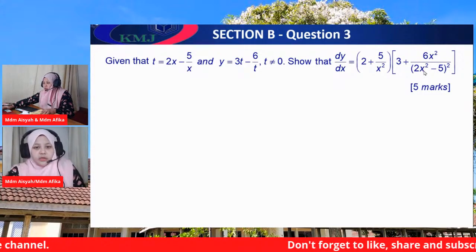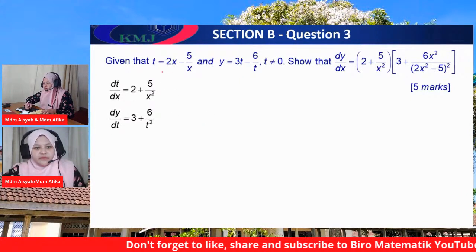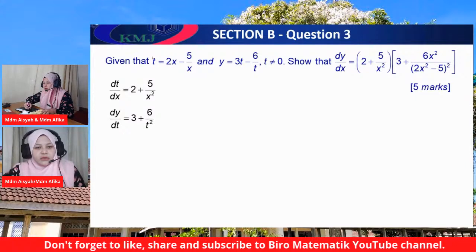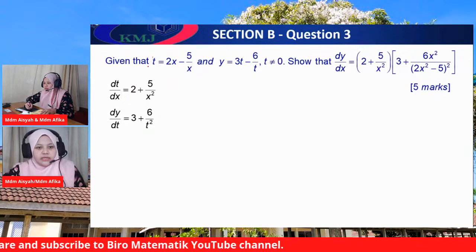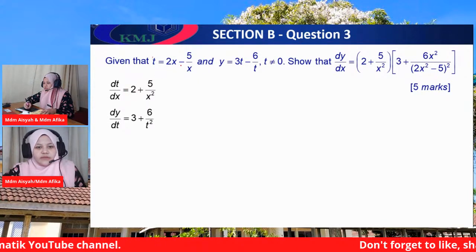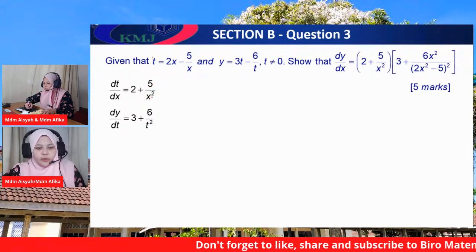What we have to do now is differentiate t with respect to x. So dt over dx equals, differentiate 2x, you will get 2. Differentiate minus 5 over x, you will get positive 5 over x squared.